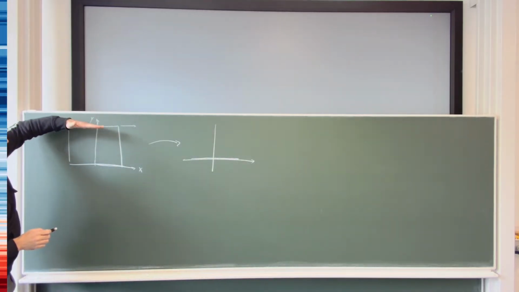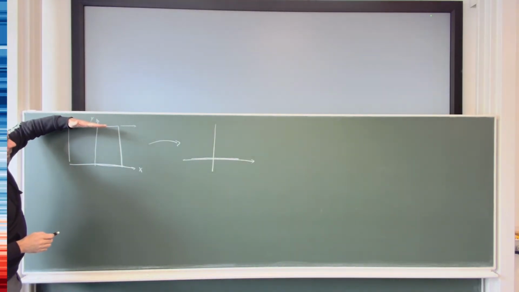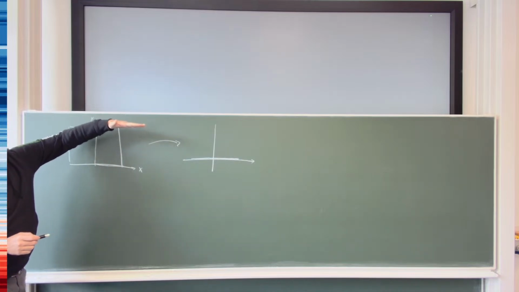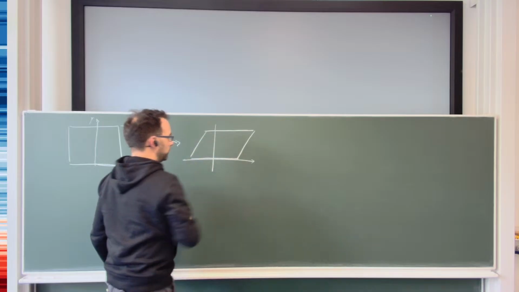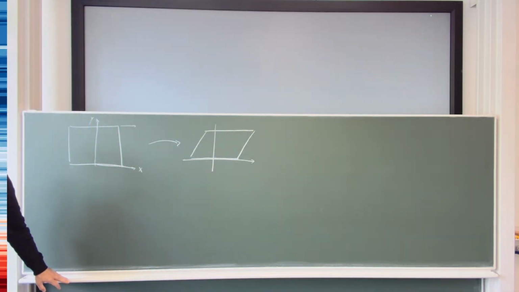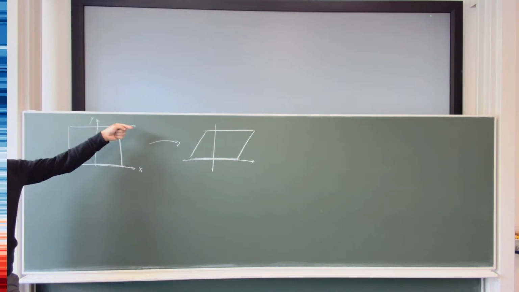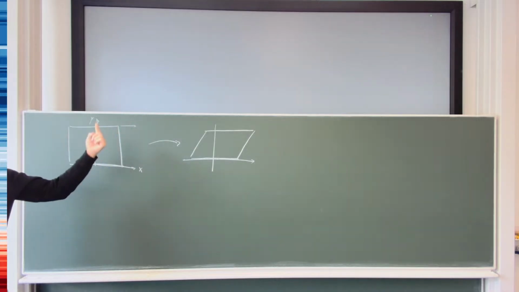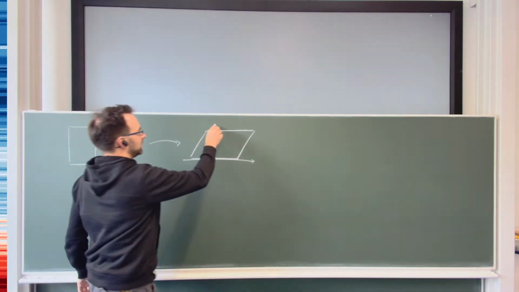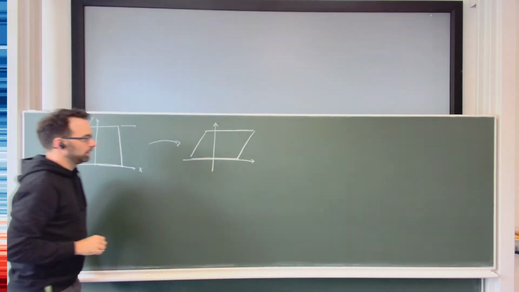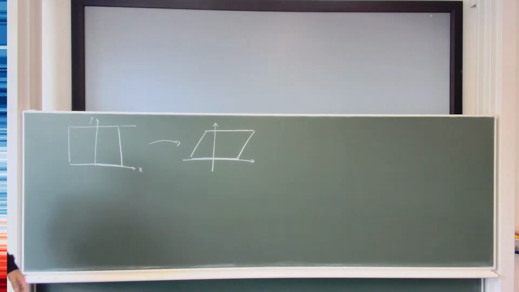You basically move the topmost side rightwards. So you end up with this figure. That is shearing in the x direction. It also works in the y direction and in the z direction. And then you can basically somehow deform or skew any of your objects.